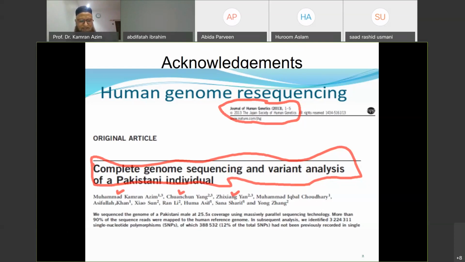My students Asifullah Khan, Huma Asif and Sana Sharif were part of this project, and this project was supervised along with me by Yong Zhang, a very reputed scientist in China.